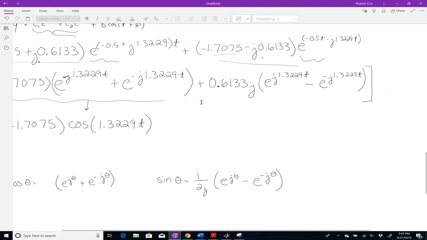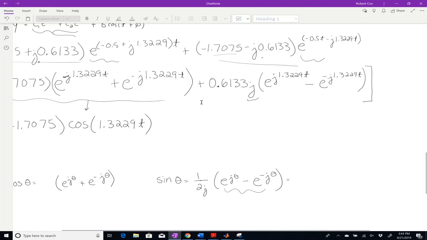Now this guy looks very similar. I have e to the j something t minus e to the minus j something t. That looks very similar to this, right? But the difference is I have a j multiplying here, and here I have a 1 over j. So there's a couple of ways to look at this.